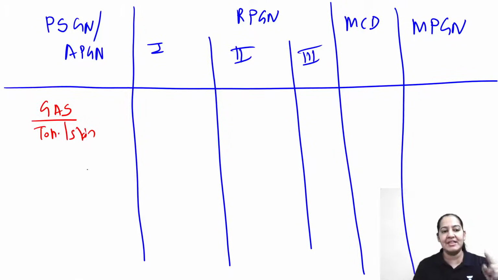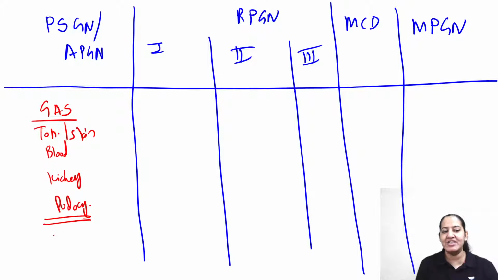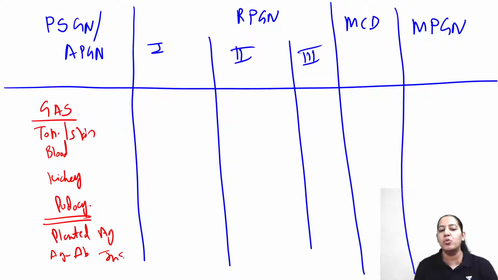From the tonsil and skin, the bacteria goes into the blood, and from the blood, the bacteria goes to the kidney. In the kidney, it gets deposited on the podocyte. That's why this antigen is a planted antigen. Now the body will form antibodies against it, and antigen antibody complexes will be formed in situ against a planted antigen. This is the complete story. In type 1, here the antigen was group A beta streptococcus antigen.